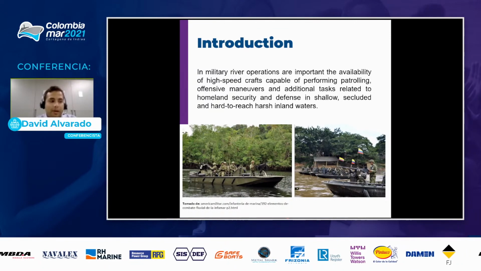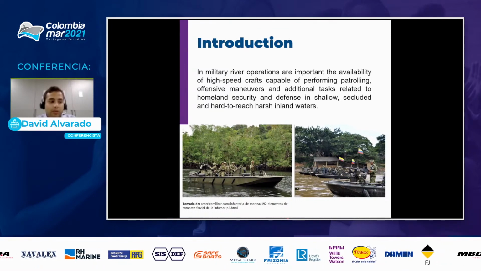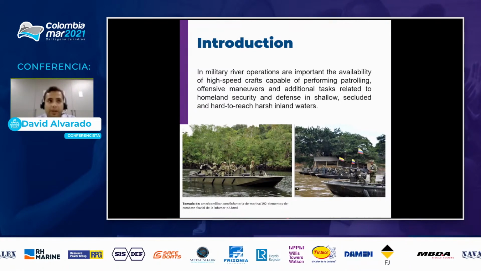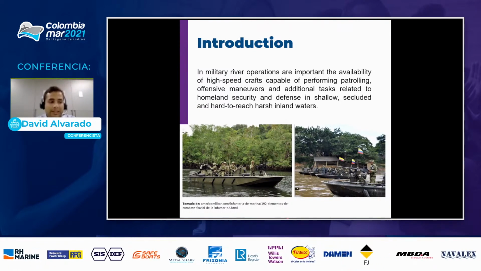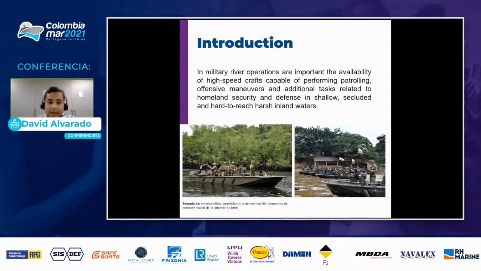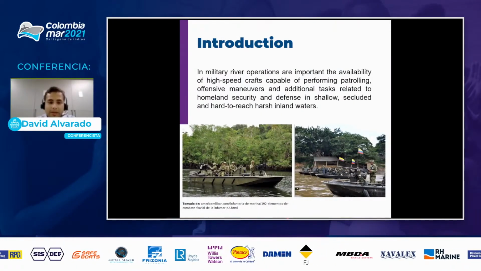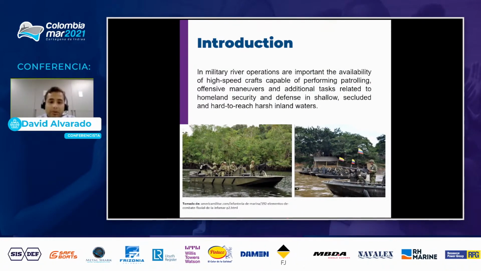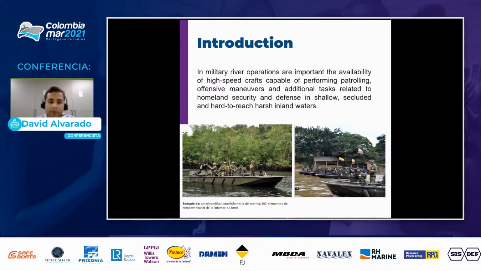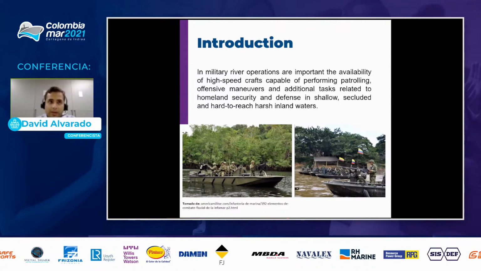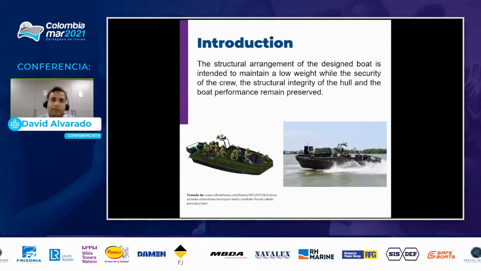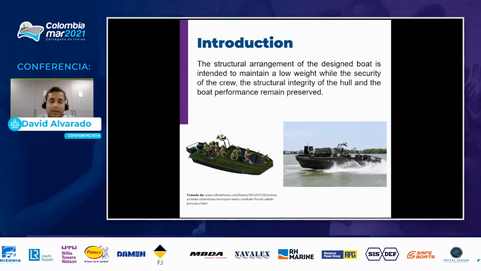The high richness of the nation in terms of secondary and tertiary rivers, leading to lush jungles as well as isolated populations, lead to the need of generating a boat that is light but also resistant to patrol rivers, which actually go 30 centimeters deep in very severe climate conditions.